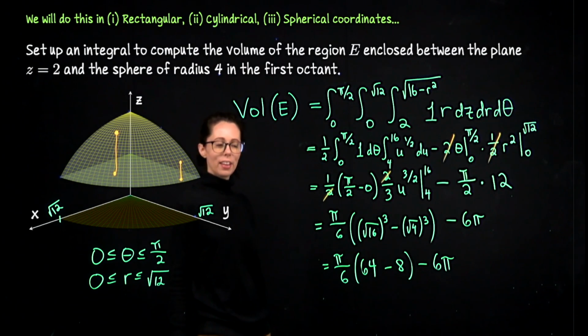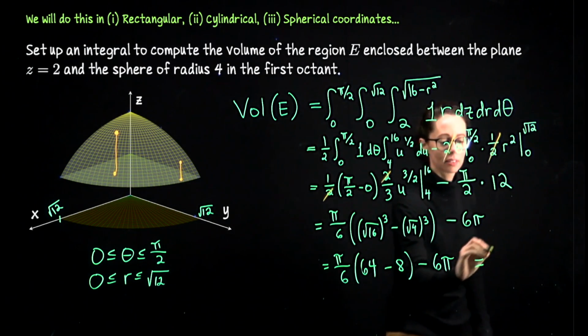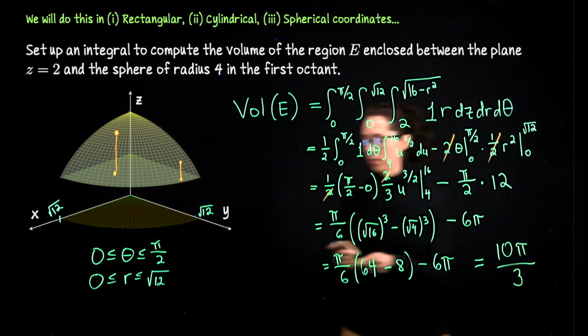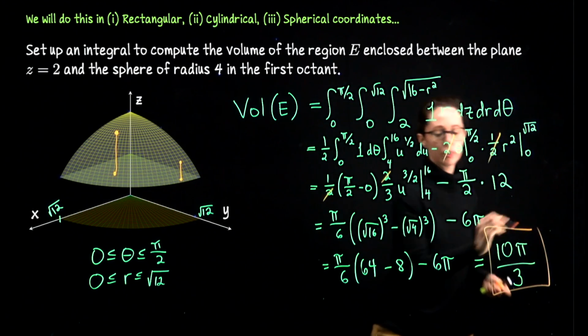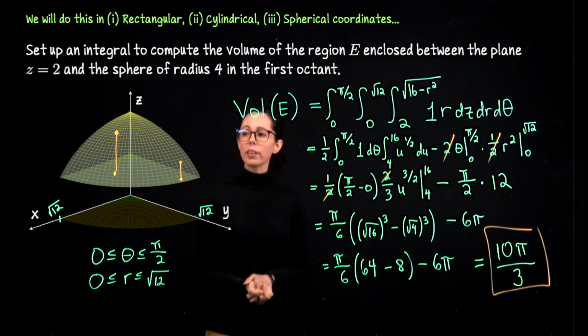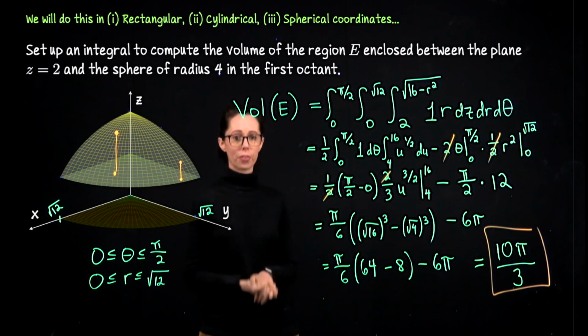And then if you actually work out what this number is, it should be 10 pi over 3. Which is, of course, perfectly possible to get, but at this point, we're just crunching numbers. Okay, so the volume of this region here is 10 pi over 3.